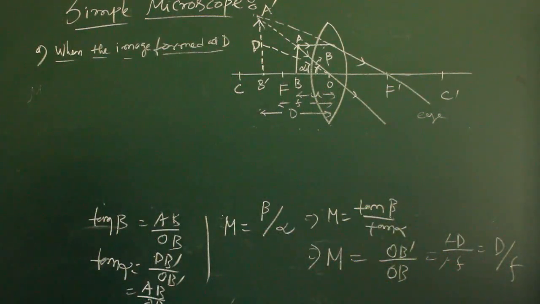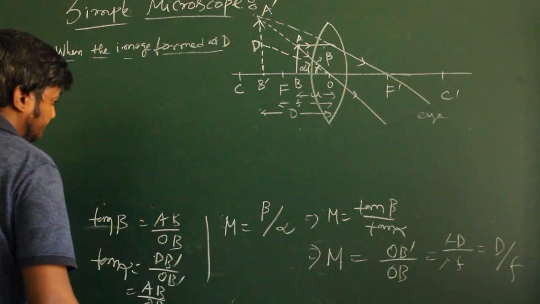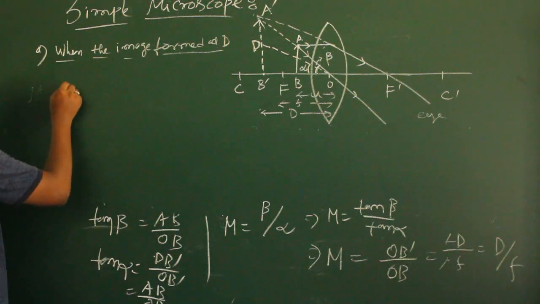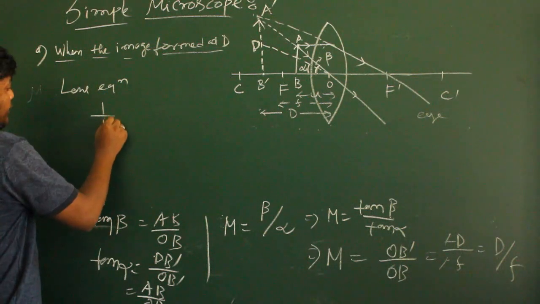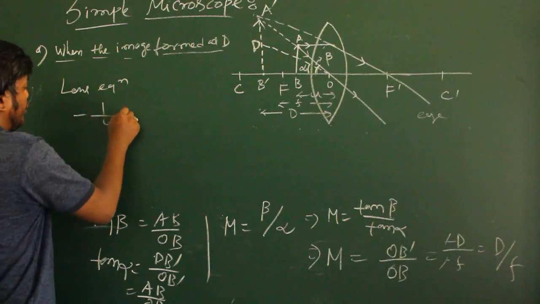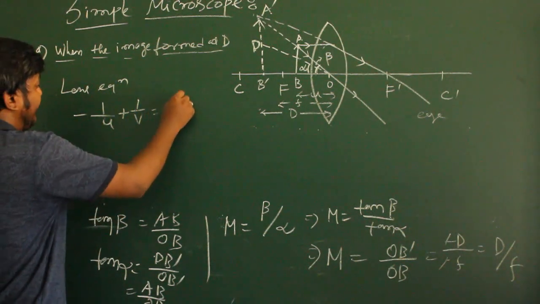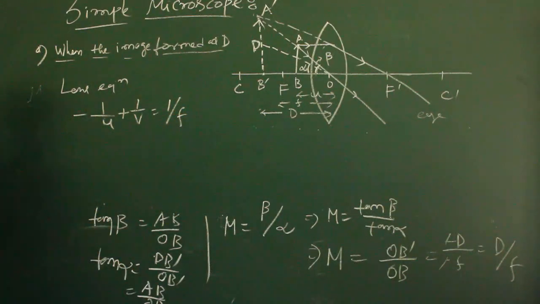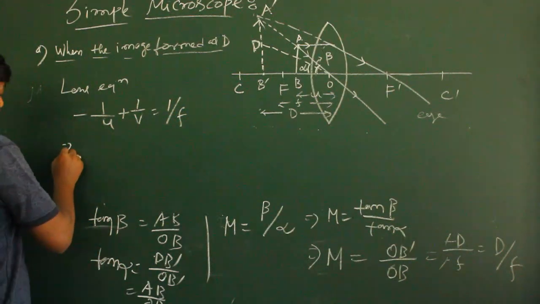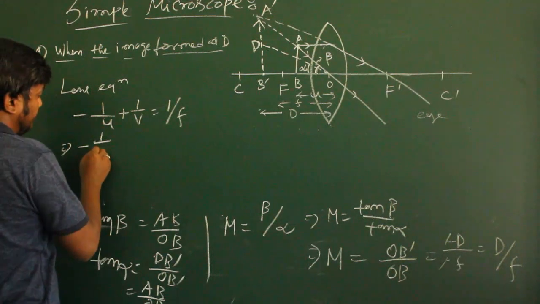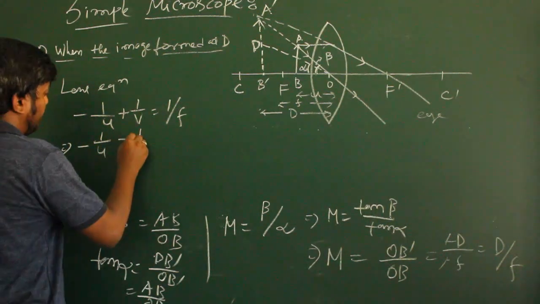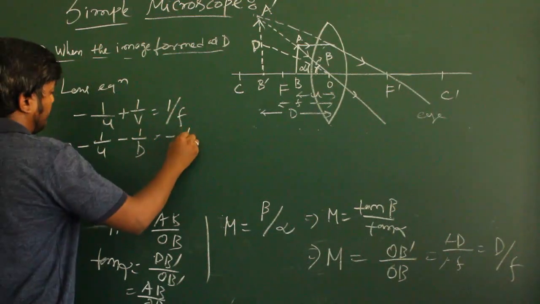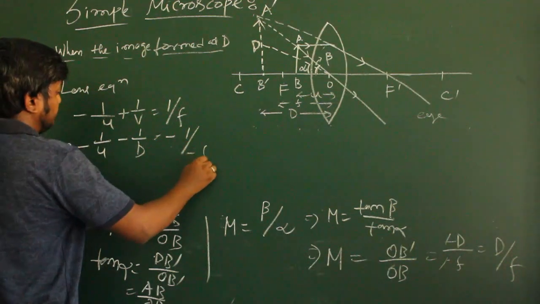Now we know from the lens equation, 1 by v minus 1 by u equals 1 by f. Now what is minus 1 by u minus 1 by d? It will be minus 1 by minus f.